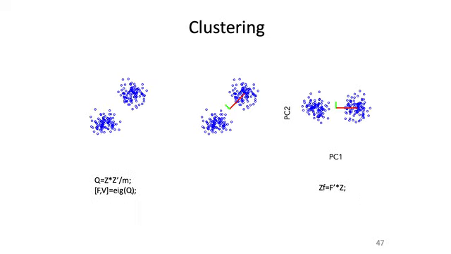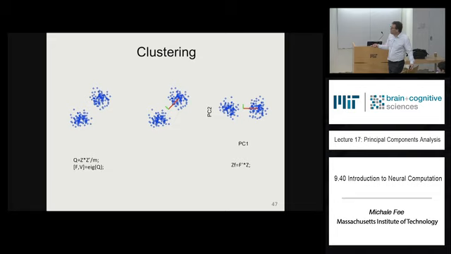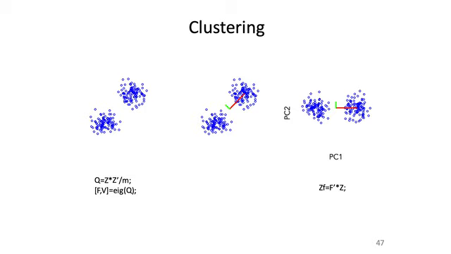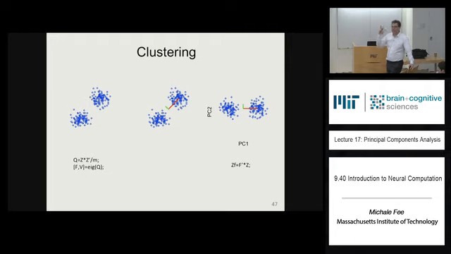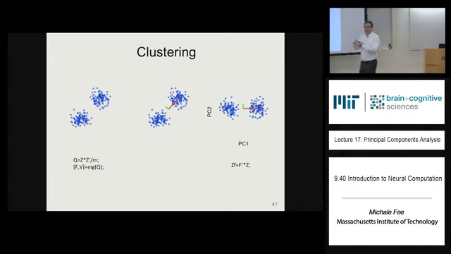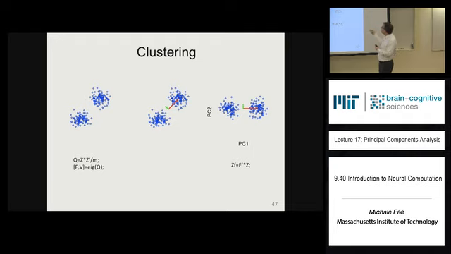It's useful for clustering. If we have two clusters, we can compute the covariance matrix, find the eigenvectors and eigenvalues, and then rotate the data set into a basis set in which the dimensions on which variance is largest are along the standard basis vectors.